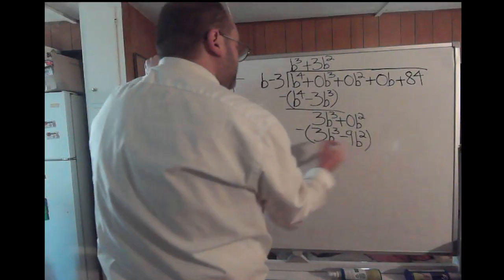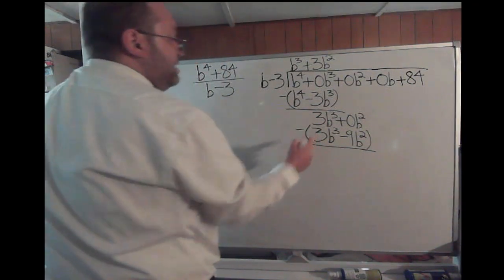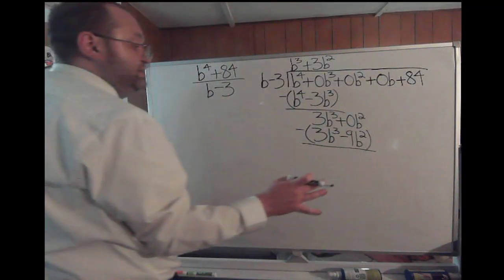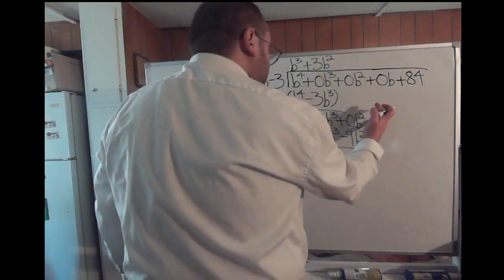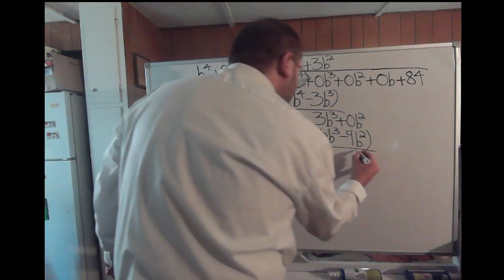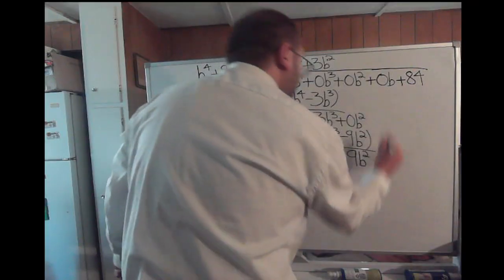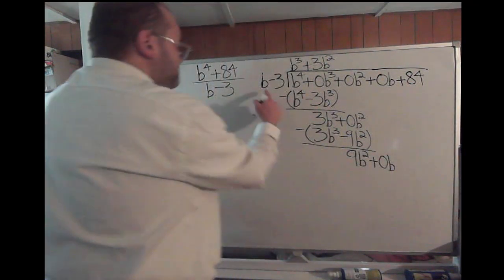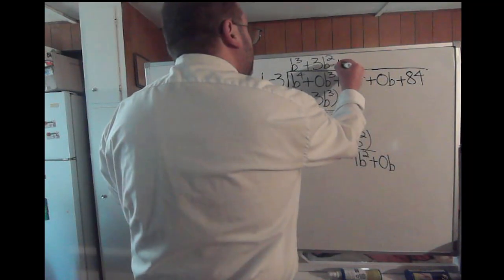So you subtract the quantity of what you got from the divisor. 3b to the third minus 3b to the third, that's 0. Negative 9b to the second, that's positive 9b to the second. So 0b to the second plus 9b to the second is, well, 9b to the second. Then you just bring down your plus 0b from the dividend. B times what equals 9b squared? Well, that'd be plus 9b.